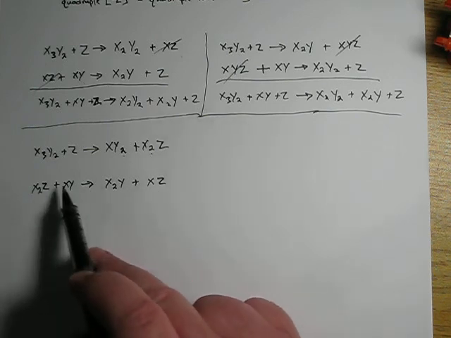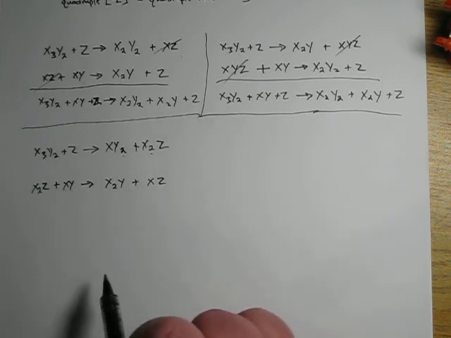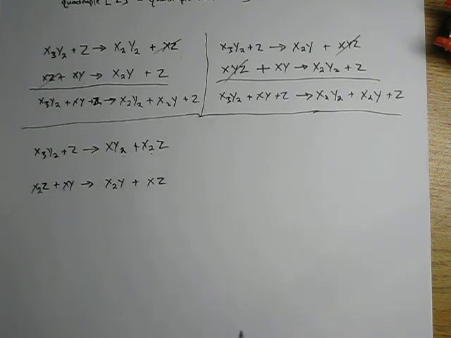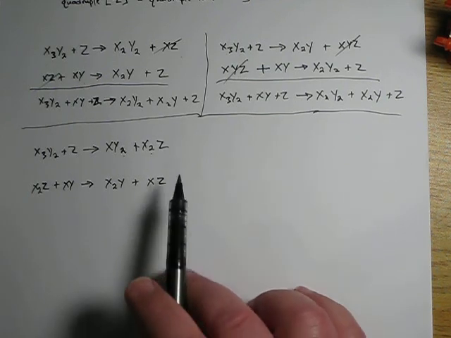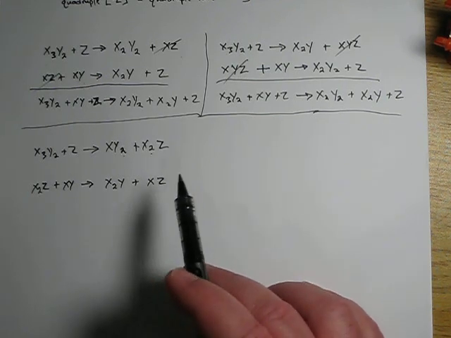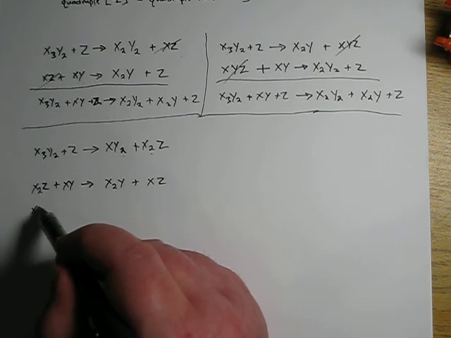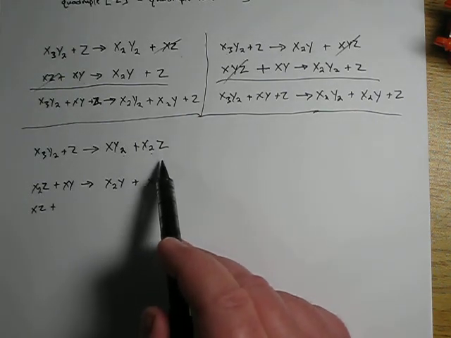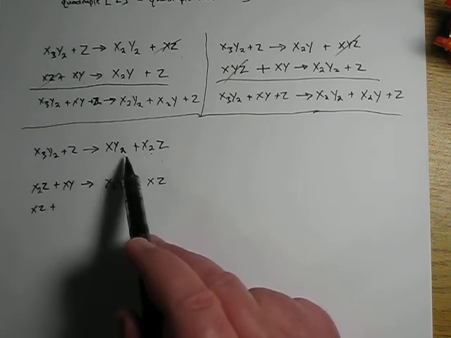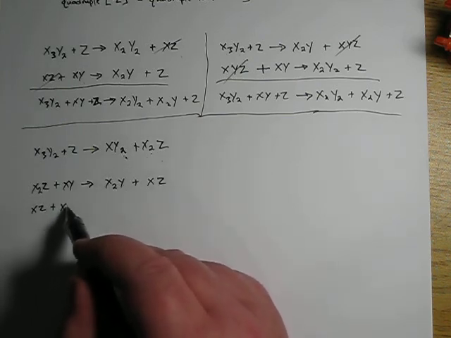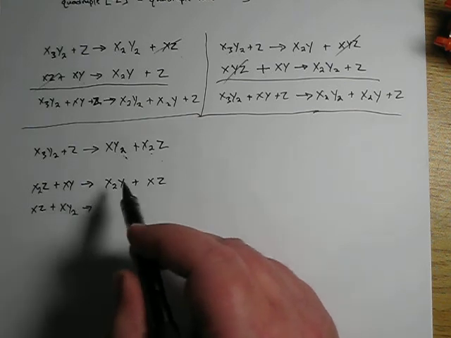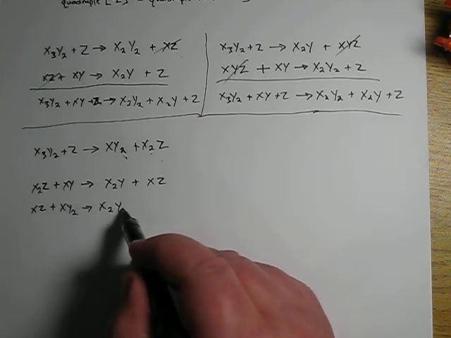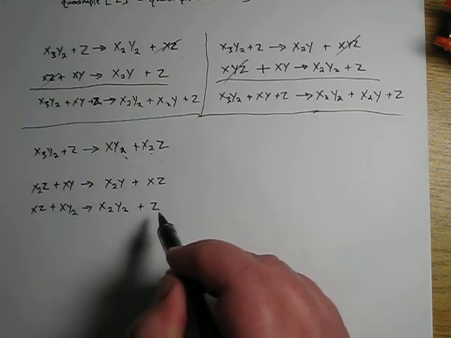I got 1, 2, 3 x's, 1, 2, 3, check, 1 y, 1 y, 1 z. But still I've got a new intermediate, xz, I've got to get rid of it. xz plus, oh, I still got this intermediate up here, my xy2, plus xy2 goes to, oh, check it out, now I can make x2y2 plus z.